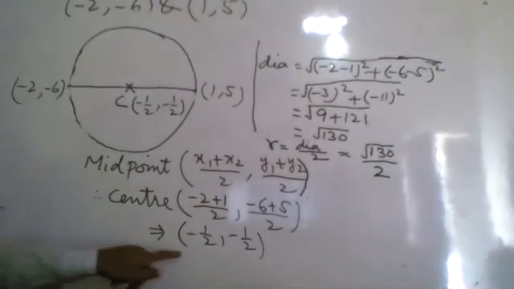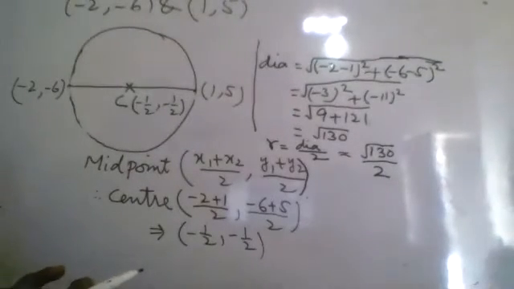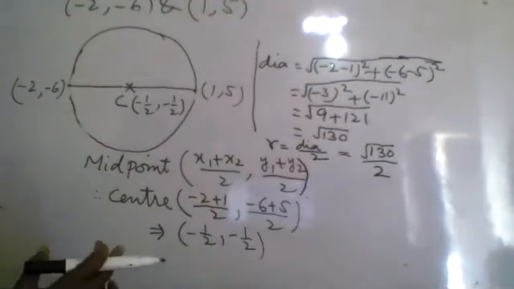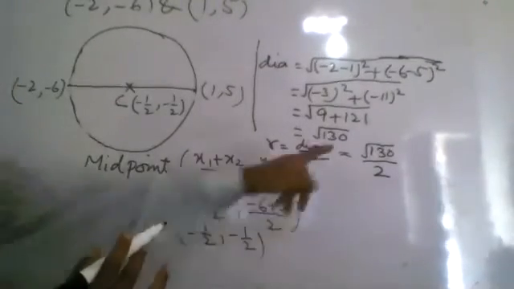Now we know the center. We found the radius. Now we will use the same formula, x minus x coordinate of the center whole square plus y minus y coordinate of the center whole square is equal to radius square.